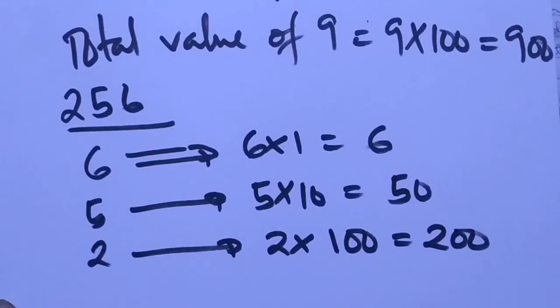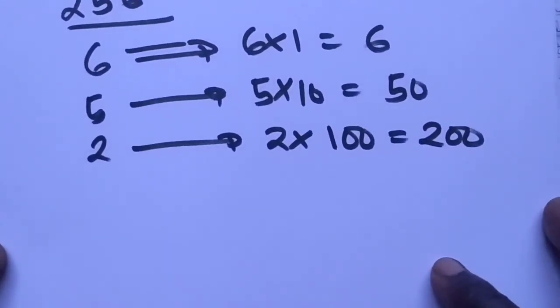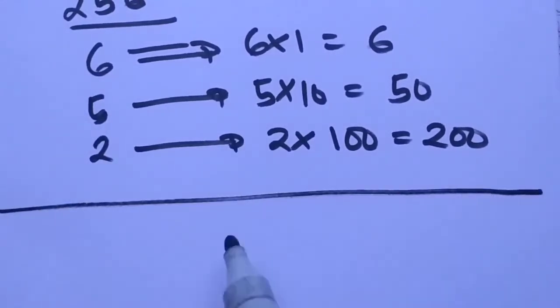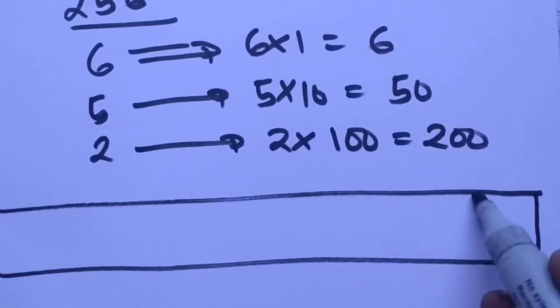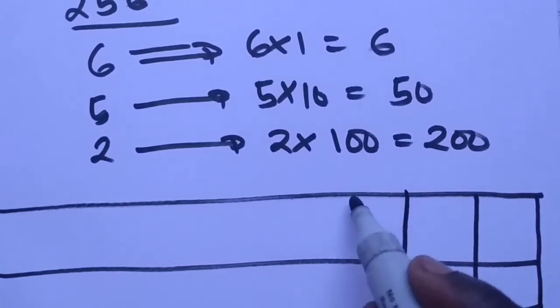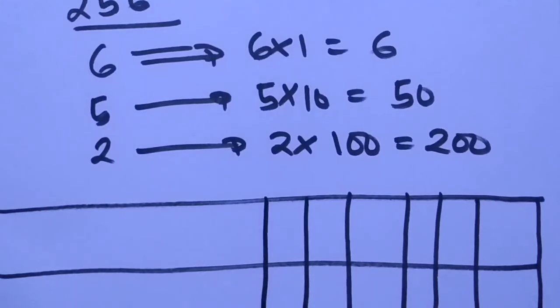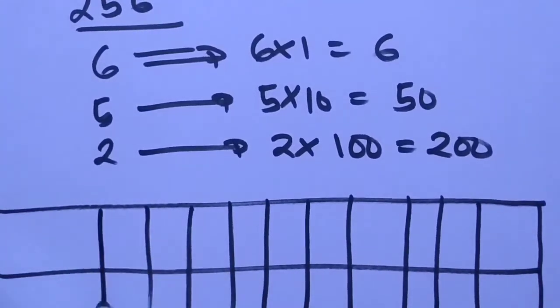So always in place value, we have a table which puts the numbers in their place value, and in this table we are grouping numbers in different place values. So don't worry, there are different rooms for this table, and you will understand this.